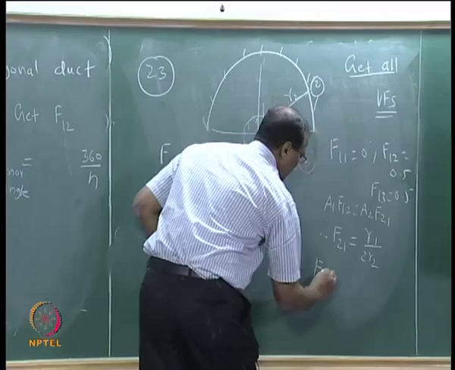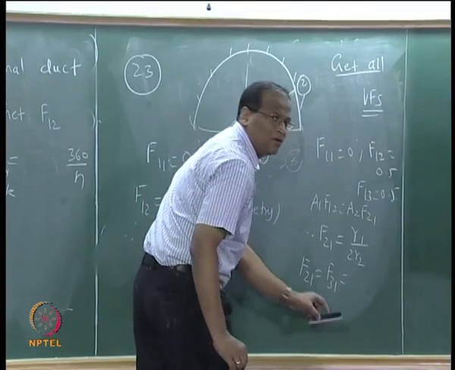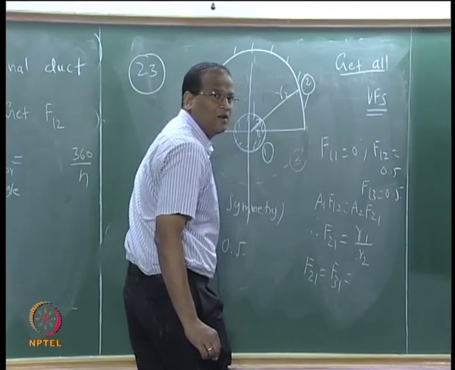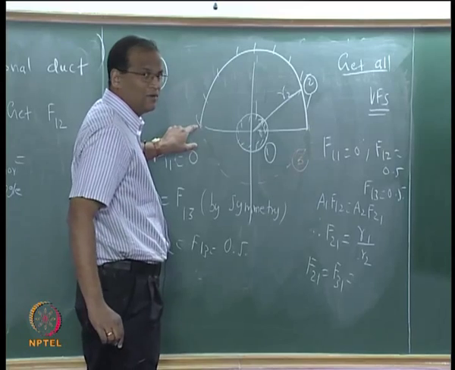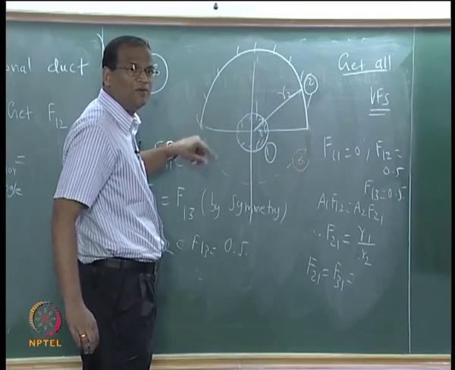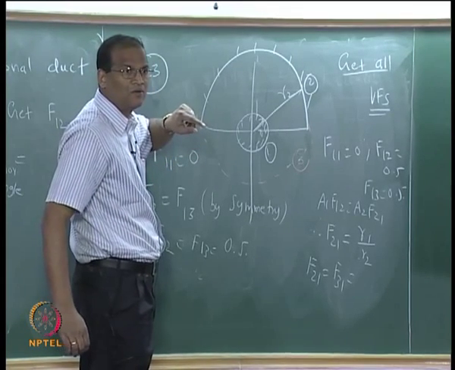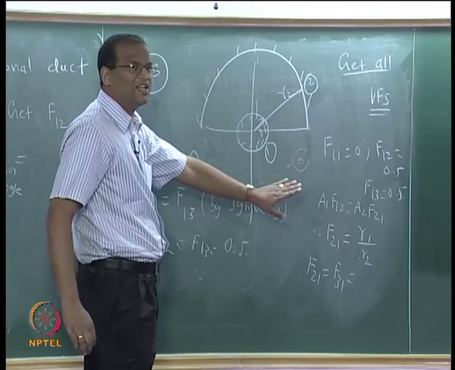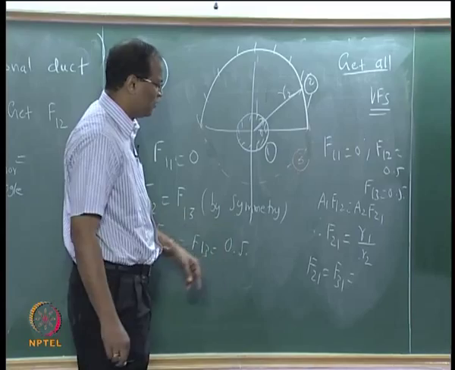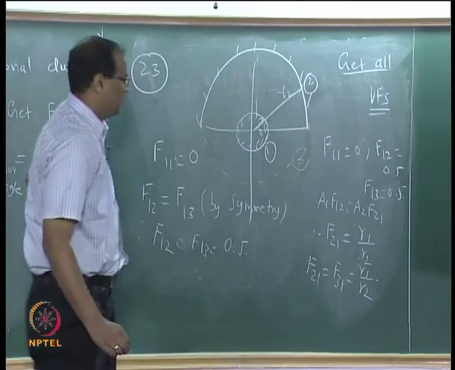Yes. Tell me correctly. No, some half is there, no? Half will come, sir. Half area and half the value. Why half the value? For one it is full, isn't it? 0.5 into 2 by R1, and what is the final answer? R1 by R2. Okay. F21 equal to F31 equal to R1 by R2. Is it correct? Yes. Okay.